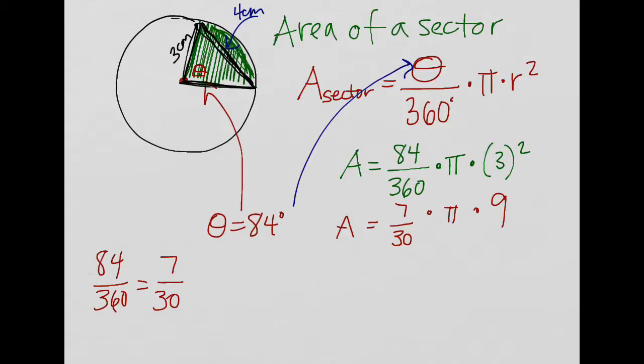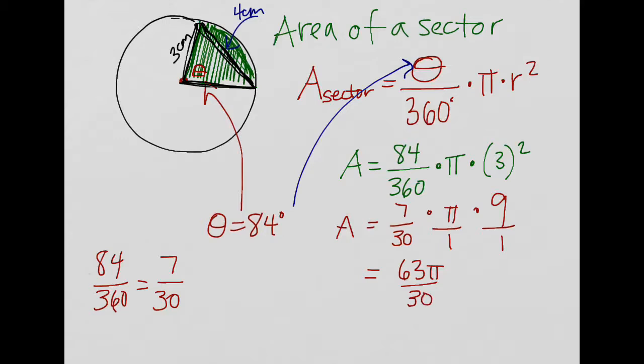I just simplified it. Okay, so then we're going to multiply across up here, and 9 times 7 times pi. Remember, anything can be over 1 is going to be my numerator. So I'm going to have 63 pi 30ths.